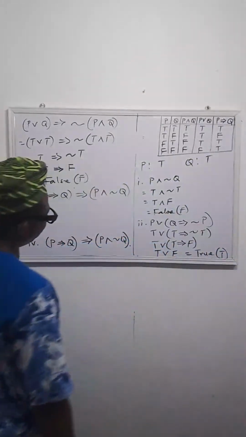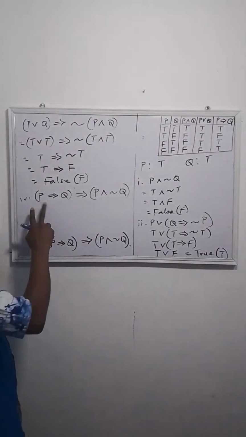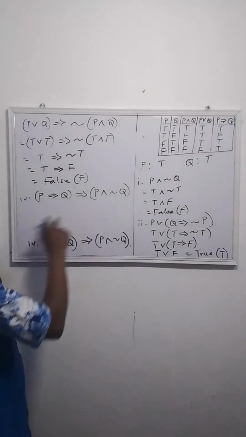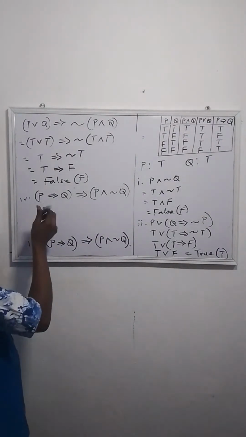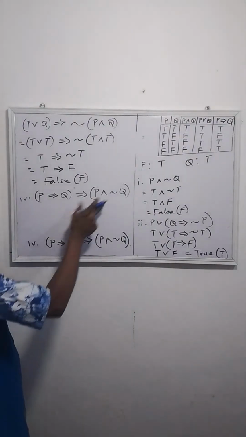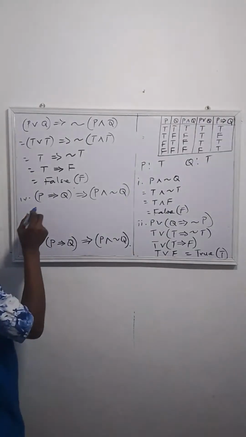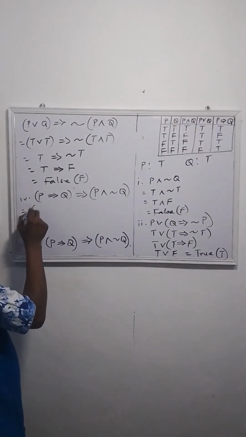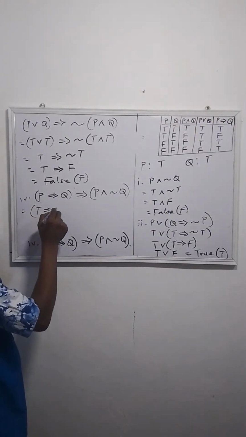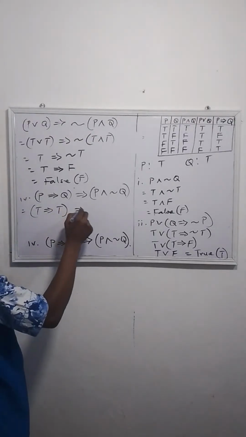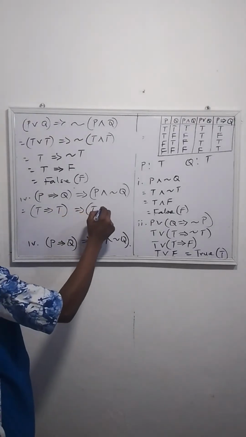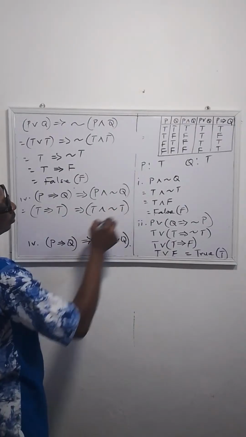Now you have to find the truth value for this proposition. We plug in the truth value of statement P and statement Q. Now let's plug that in. So we have true implies true implies true and negation of true.